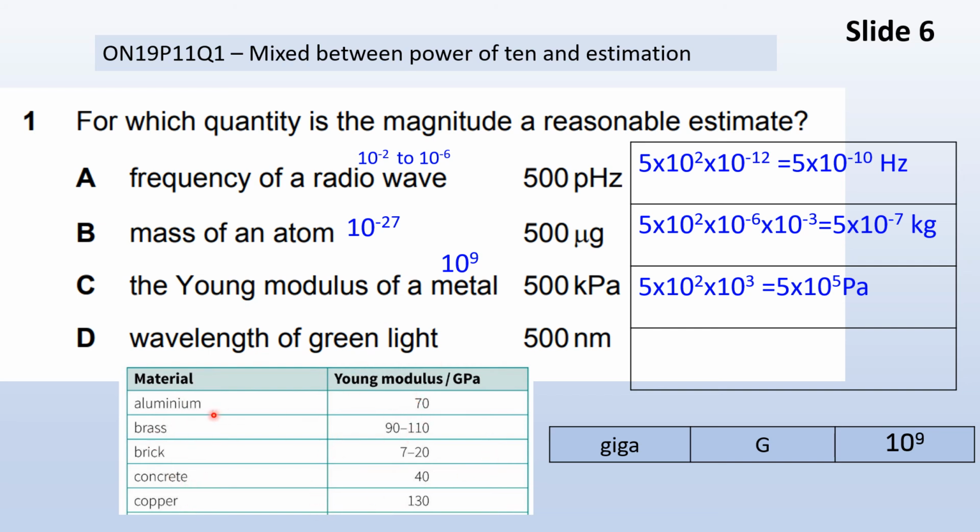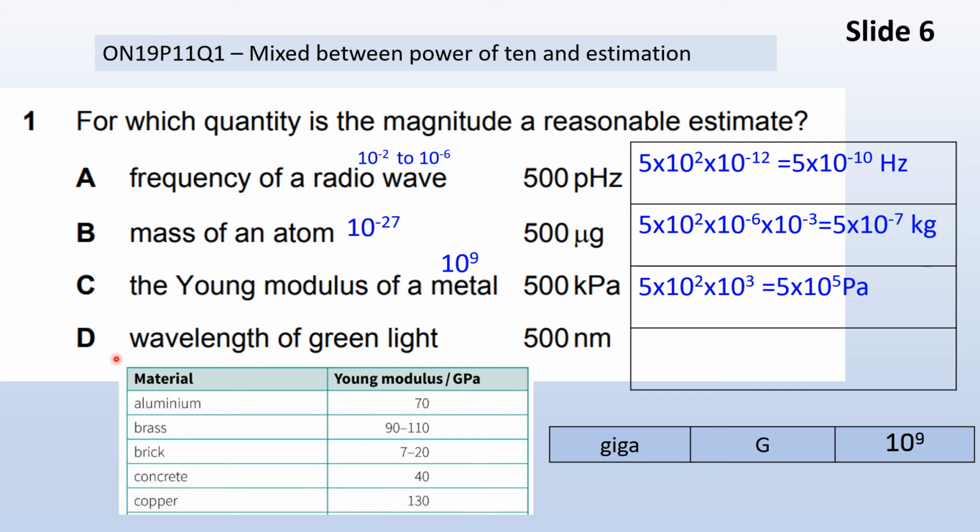As you look here, the numbers for aluminum, brass, copper are whole numbers, but the range is gigapascal. Giga is 10 to the 9. So this will not be the correct one.